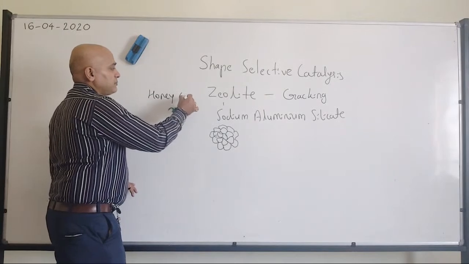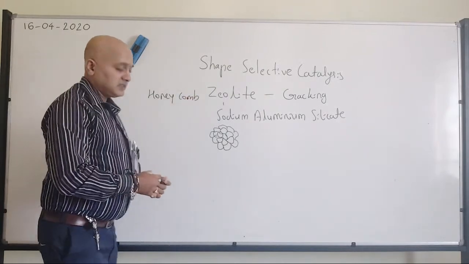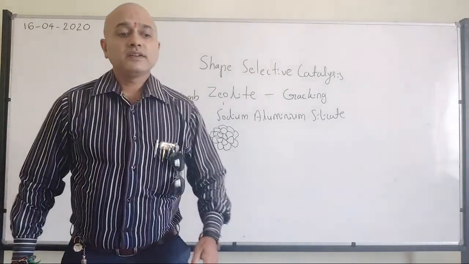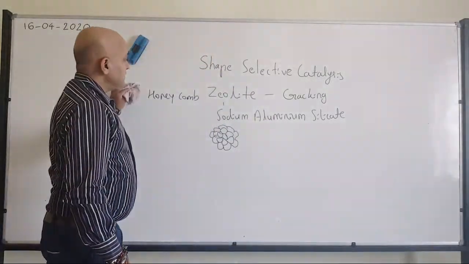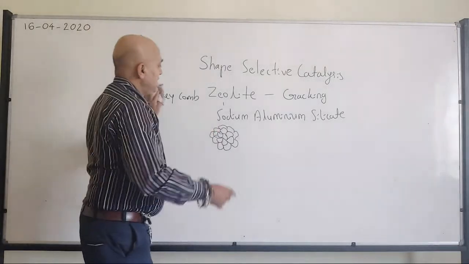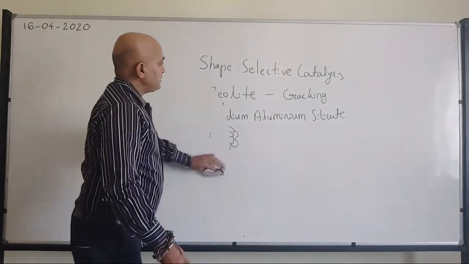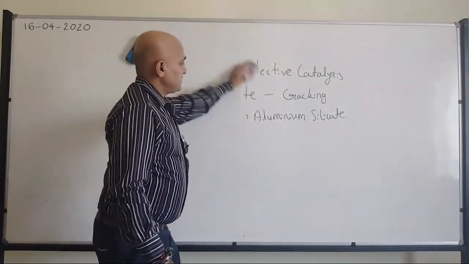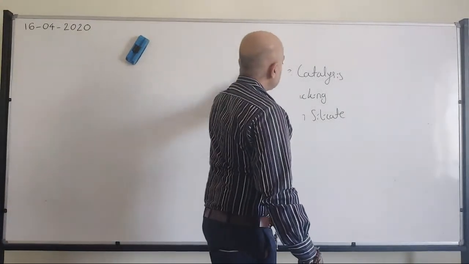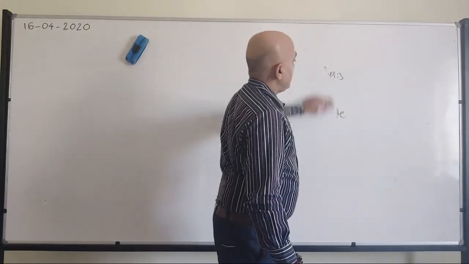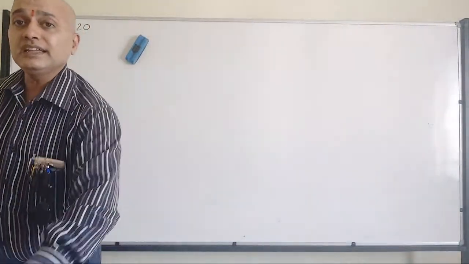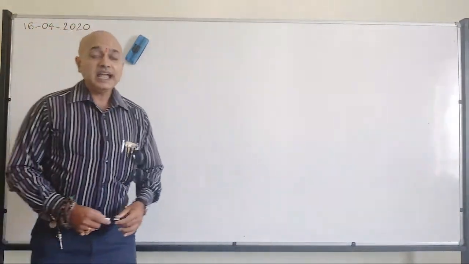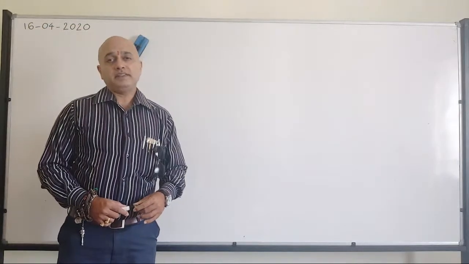It is what we say in Kannada as jenugoodu. So that's where we have the honeycomb type of structure. Based on the shape and size, the molecule can be accommodated in those particular pores and the reaction will happen.